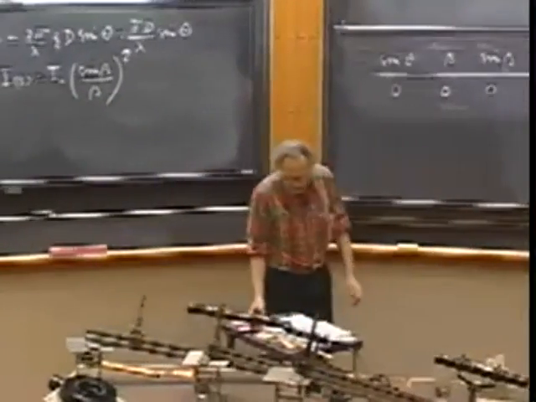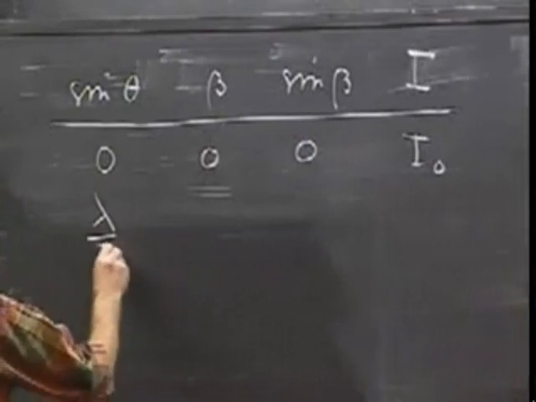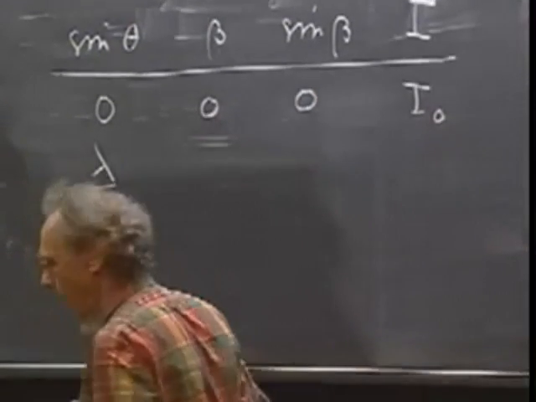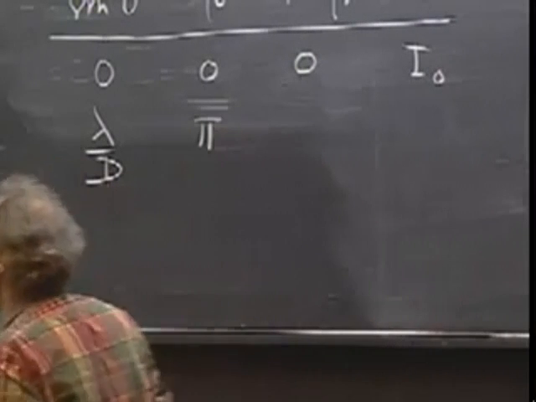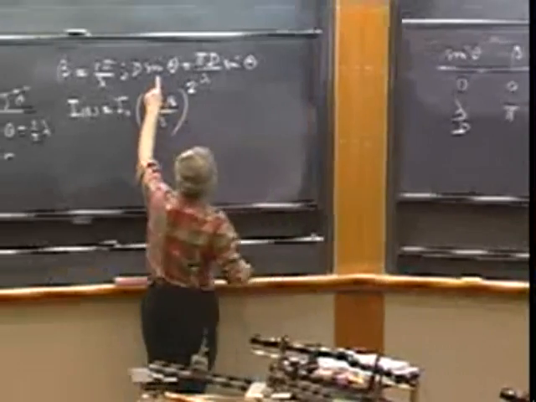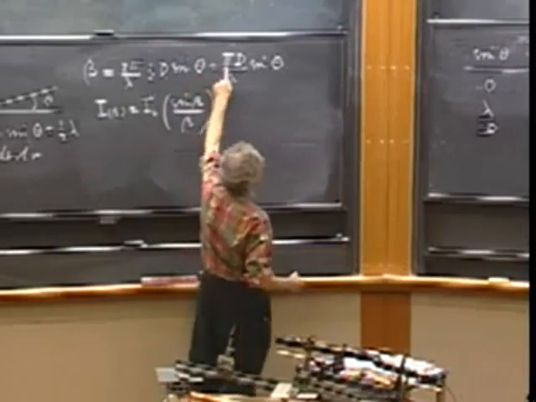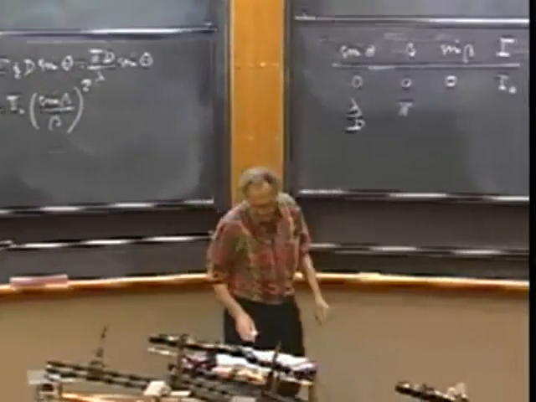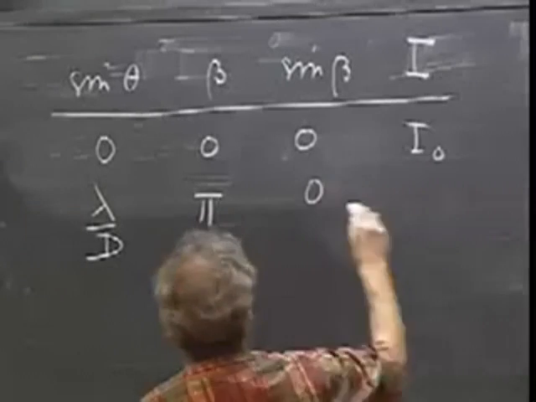So now let's take sine theta is lambda divided by d. I mean, put in here, sine theta is lambda divided by d. Here it is. So you see that beta is pi. So the sine of beta is now 0, and therefore the intensity is 0.